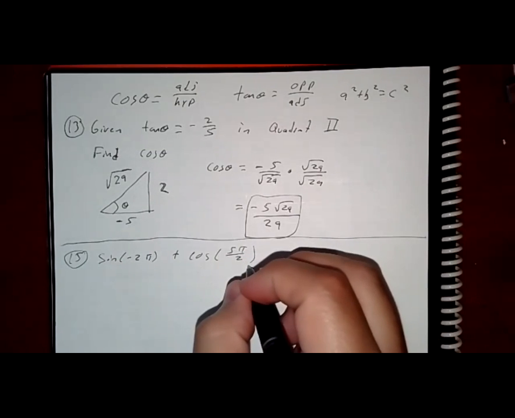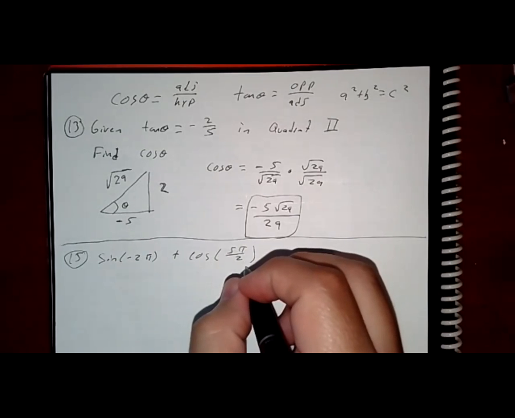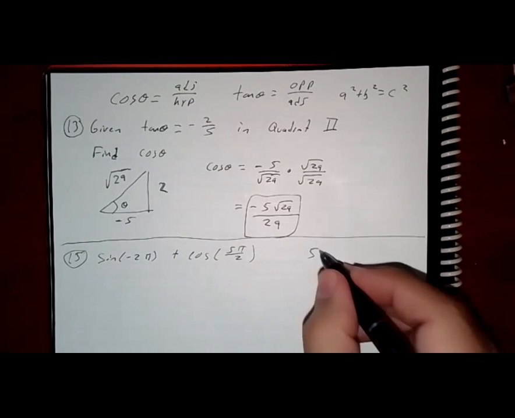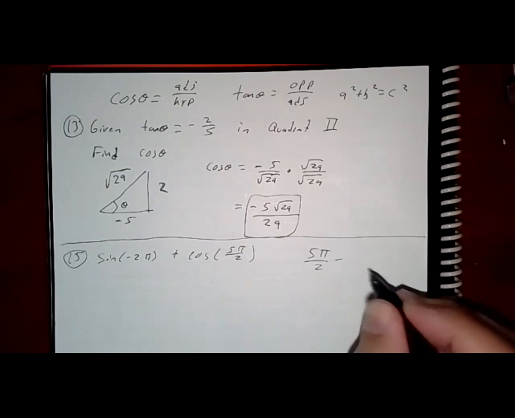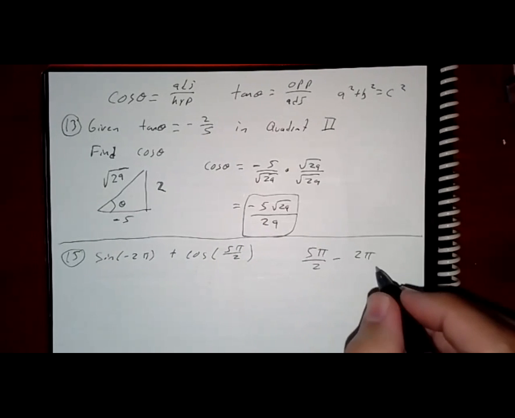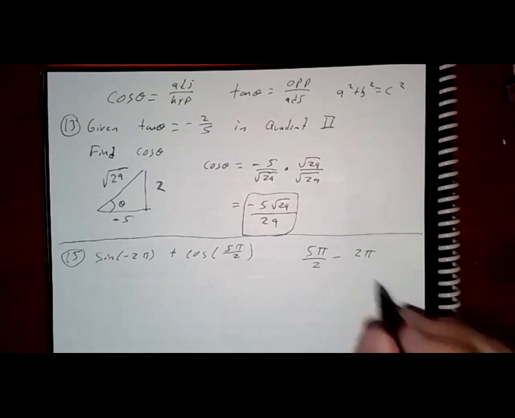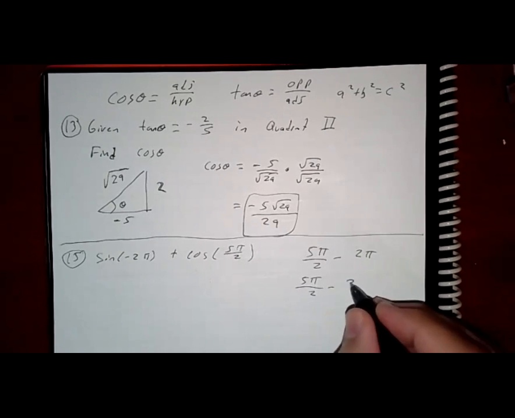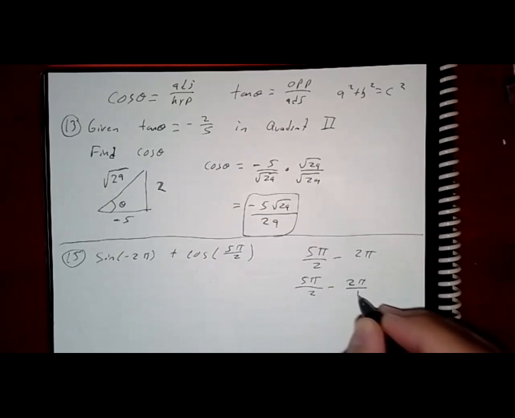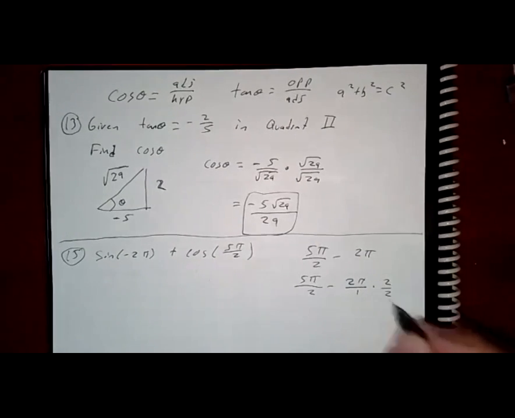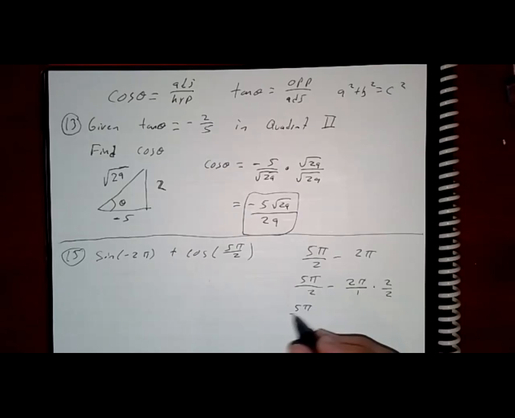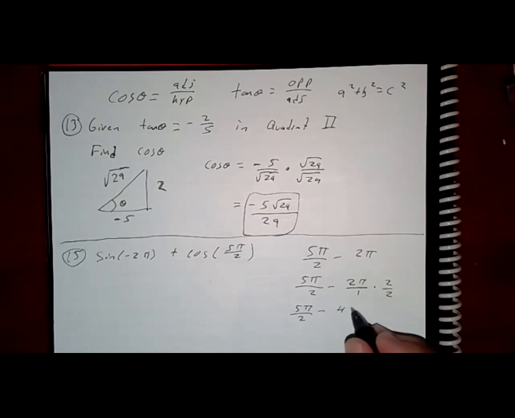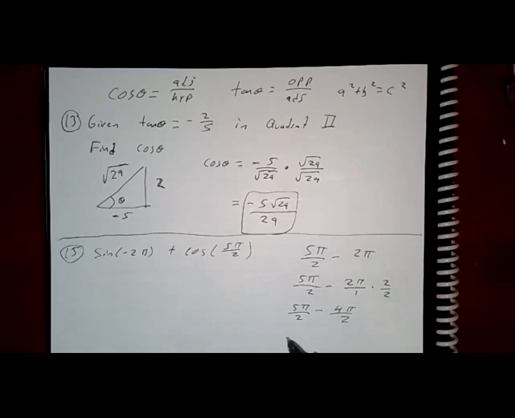You agree that 5 pi over 2 is more than 2 pi, right? So I went around the circle too many times, so I'm going to subtract 2 pi. I need to get the common denominator and multiply by 2 over 2. Now they're the same, so my answer will be pi over 2.